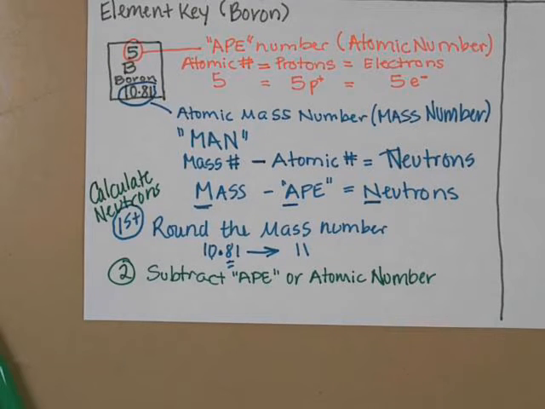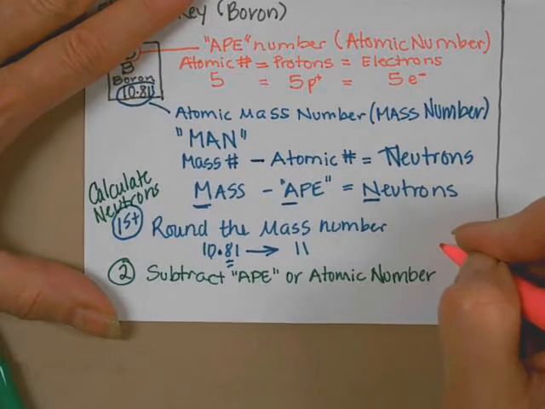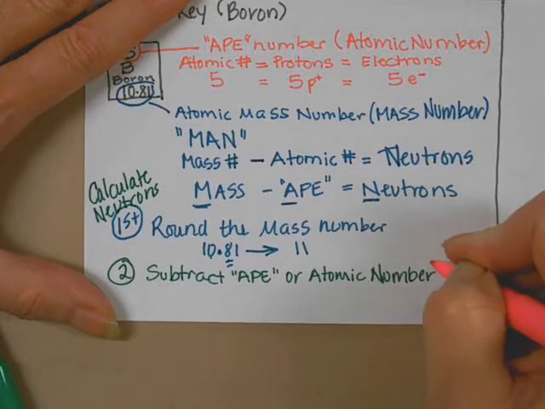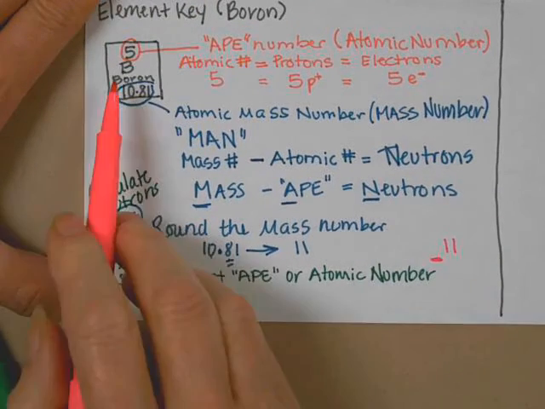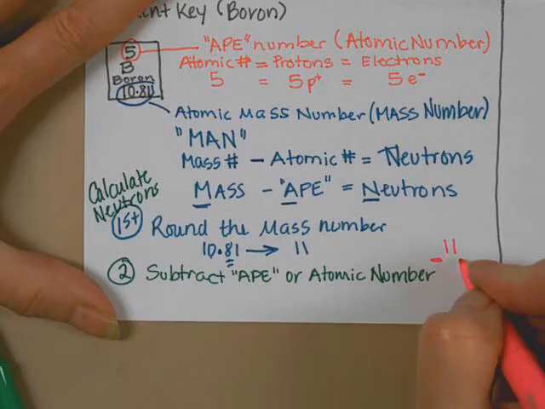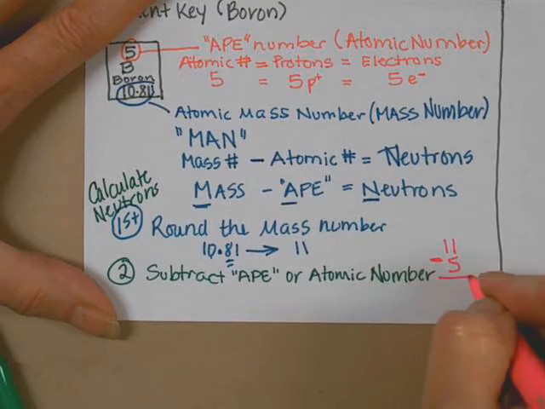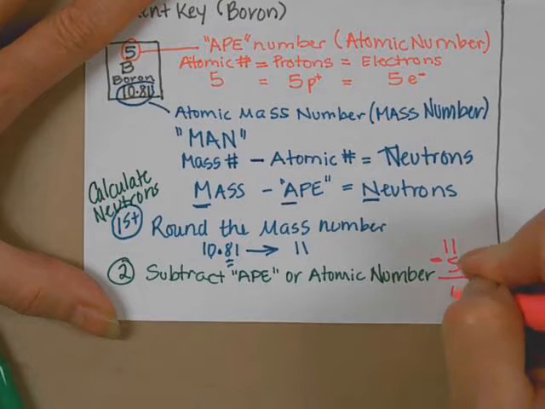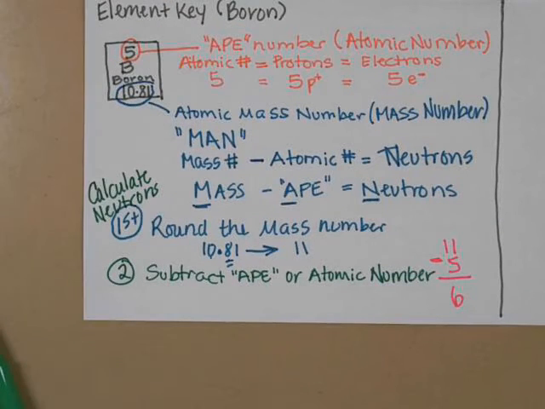So we have the mass number, 11. Subtract, minus the atomic number, which was 5, so minus 5. And that equals 6. And that is why I put 6 neutrons in the nucleus of the boron atom.